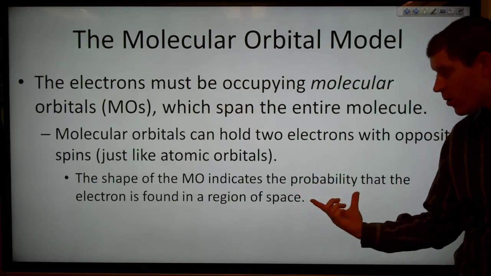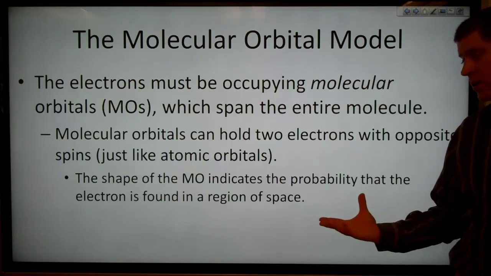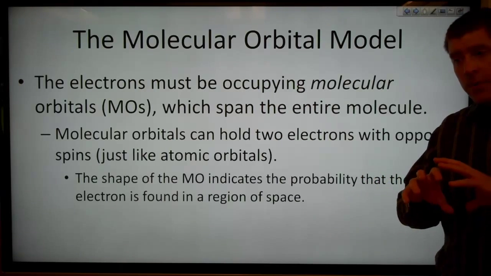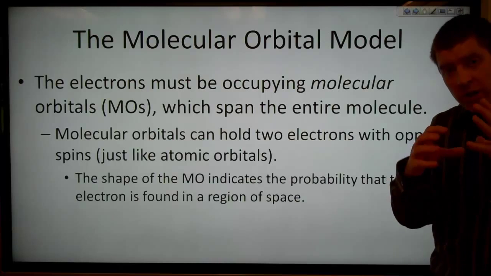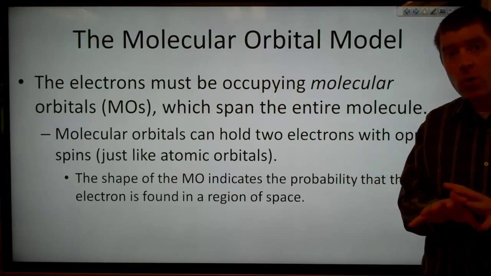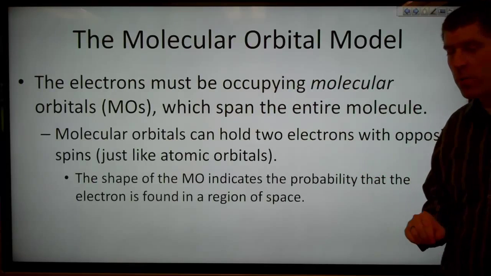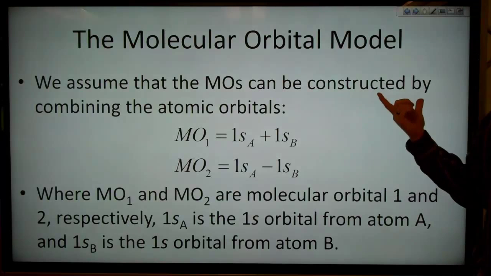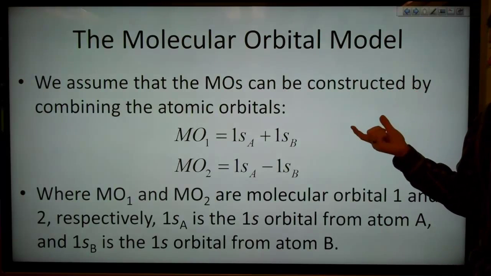The shape of the molecular orbital indicates the probability that the electron is found in a region of space. Only now, it's no longer a region of space that's just centered around the atom. It's a region of space that's delocalized over the whole molecule, or potentially over the whole molecule at least. So we assume that the MOs can be constructed by combining the atomic orbitals together.